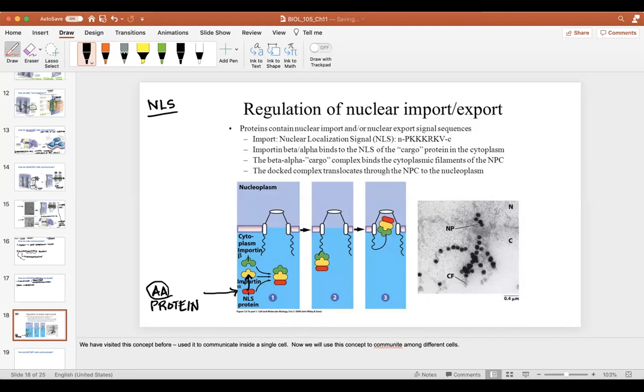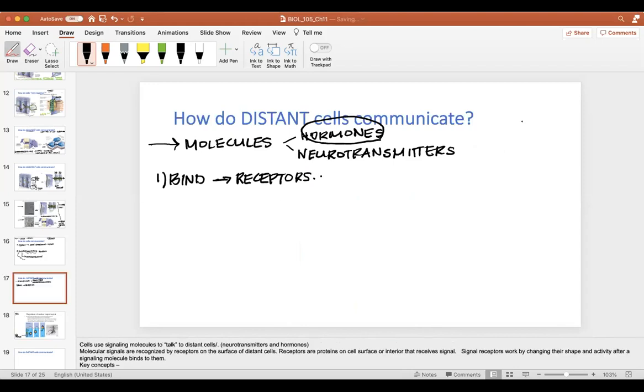Now, this receptor fits into this receptor, and we form what's called a complex. And then this complex fits into the nuclear pore. So we've had this concept of receptors before. I like to think of receptors as Legos that fit together. So you have a protein here that has the perfect Lego conformation to fit into another protein. And that's a good way to think of hormones.